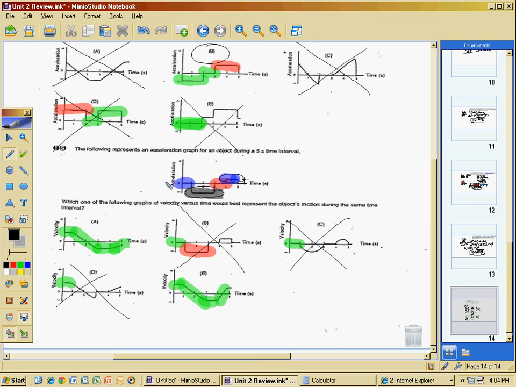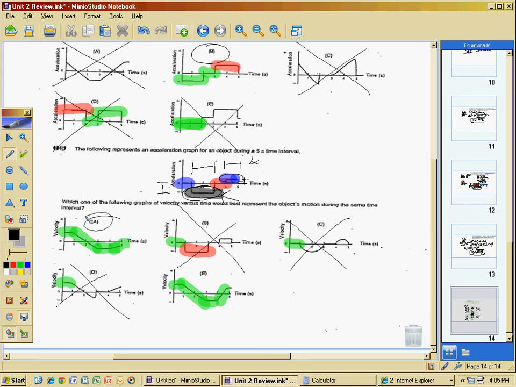This section over here is pretty far away. We have a higher acceleration for a longer period of time between 1 second and 3 than we do between 4 and 5. So what that should tell you is your velocity should change more here than it does here.